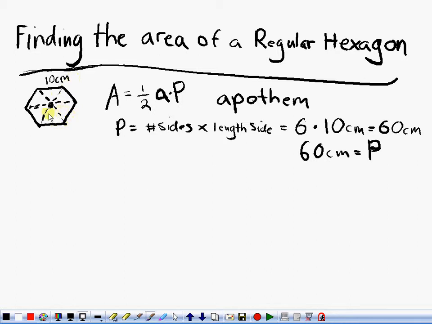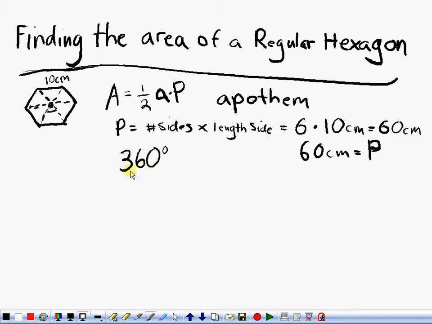Alright, so now what you're going to do is find this angle right here. If you go all the way around in a circle, how many degrees is that? Well, when you go all the way around, it's 360 degrees.